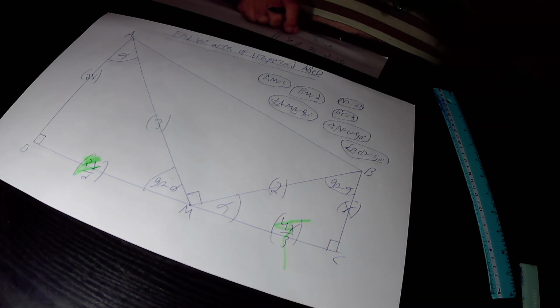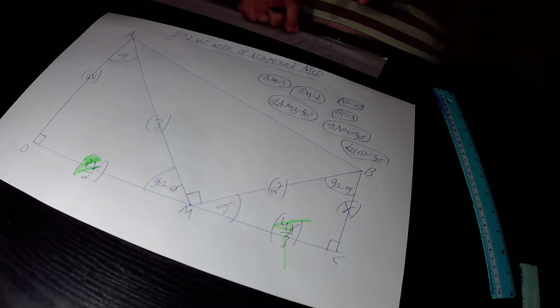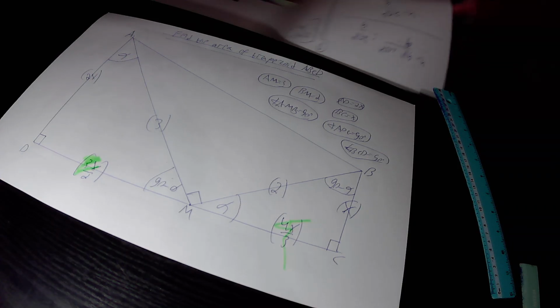In this trapezoid ABCD, the base AD is parallel to the opposite side, that is BC. So AD is parallel to BC. So the sum of its two parallel bases will be AD plus BC.